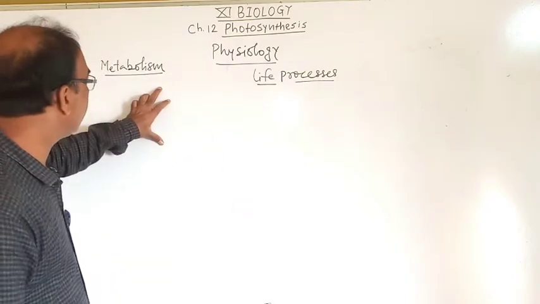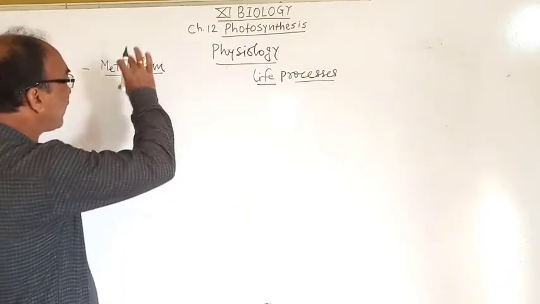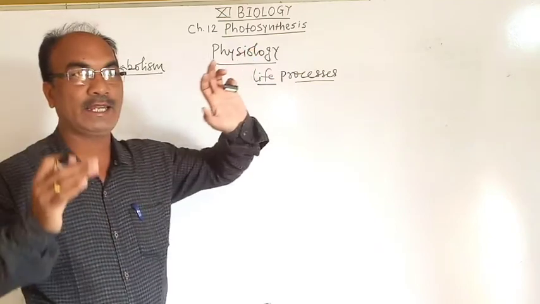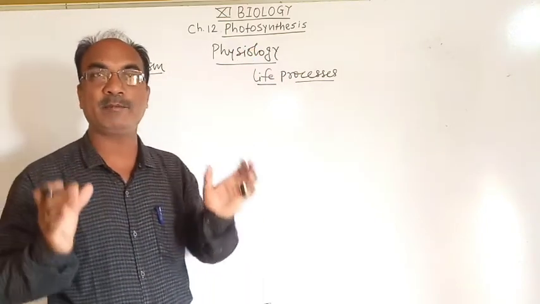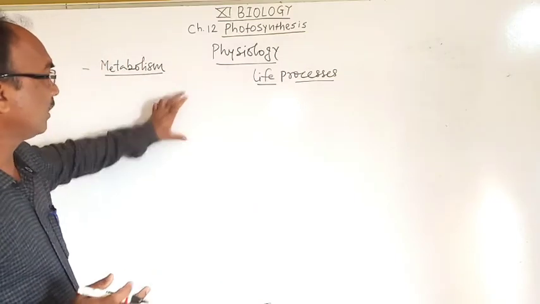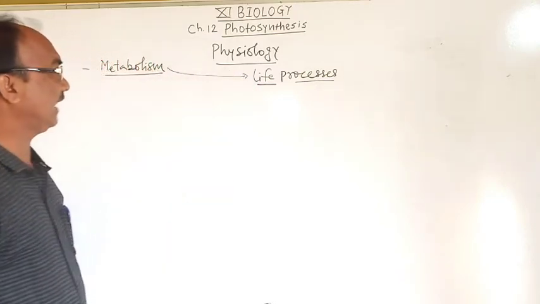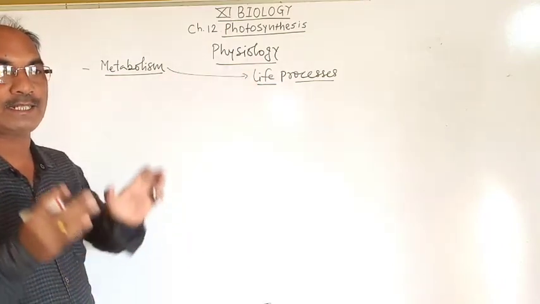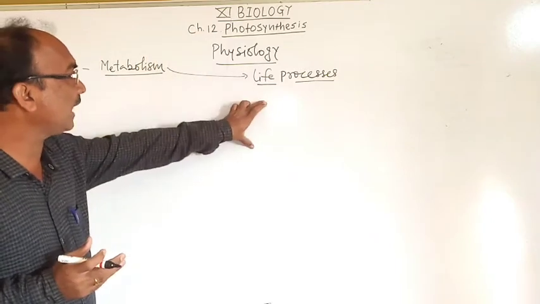So metabolism is the life processes or chemical activity which take place within the body of the living organism. Metabolism is a life process, a life activity which takes place in a living organism.